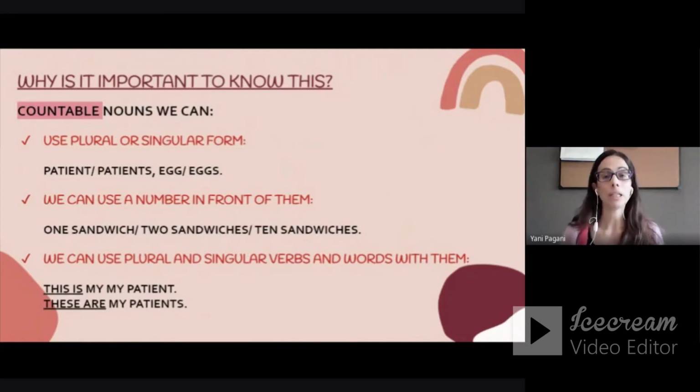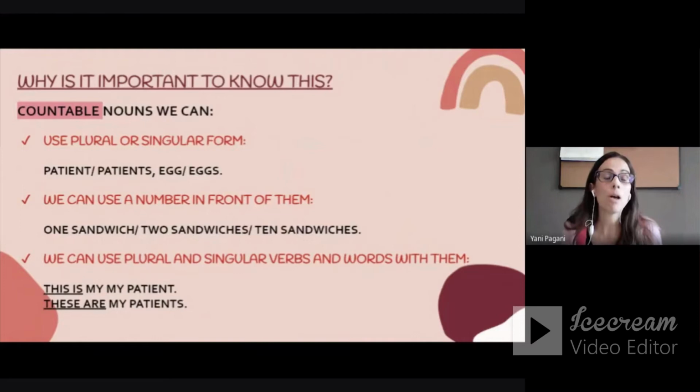For example, in the case of countable nouns, we know that we can use plural or singular forms for them. We can say patient or patients, egg or eggs. Another important characteristic is that we can use a number in front of them.